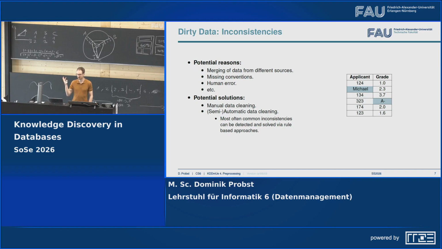One good example for an inconsistency which very often happens is, for example, with genders. You can put F and M into your column, but you can also put female and male, or diverse, whatever, into your column. This is very often the case in real-world data sets: there is a missing convention, and therefore people put in their first thought, and that's not working.